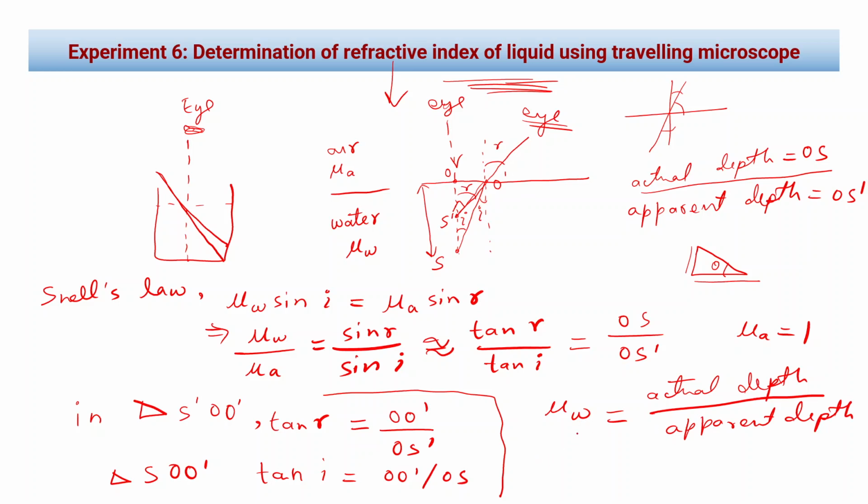Okay, so this is the formula that we got: the apparent depth is actually the actual depth divided by the refractive index of that medium.